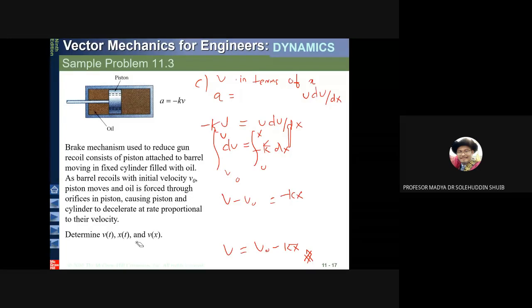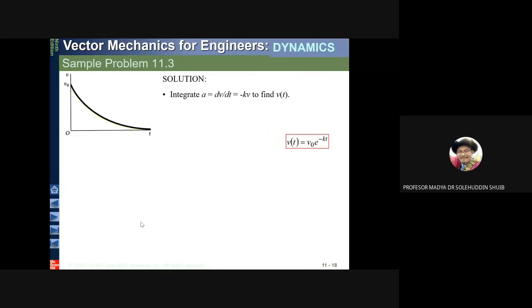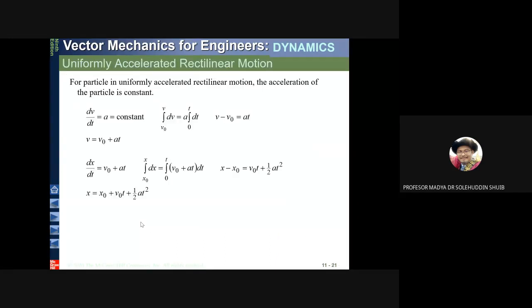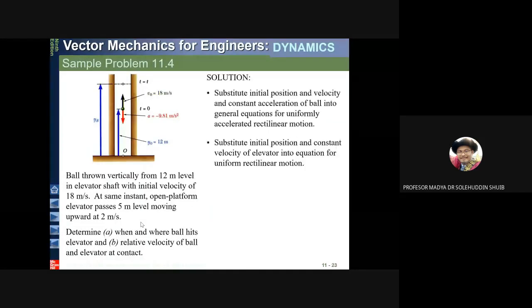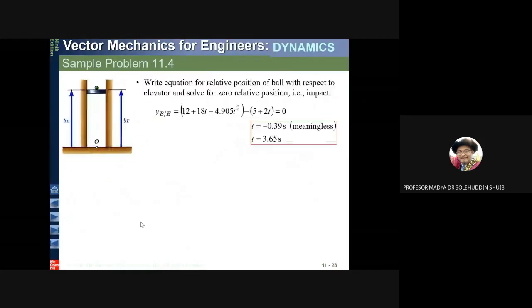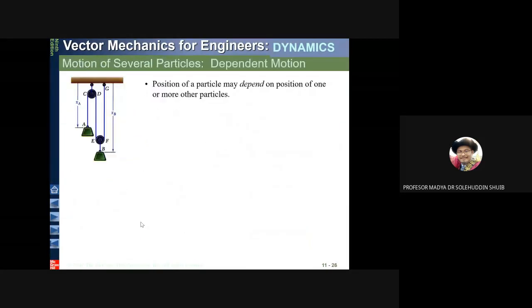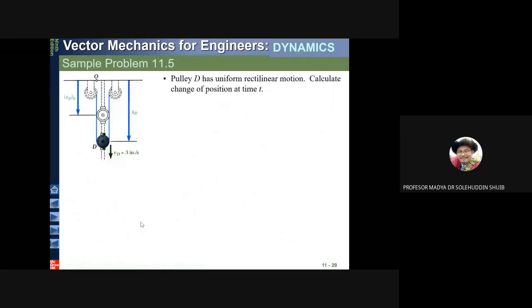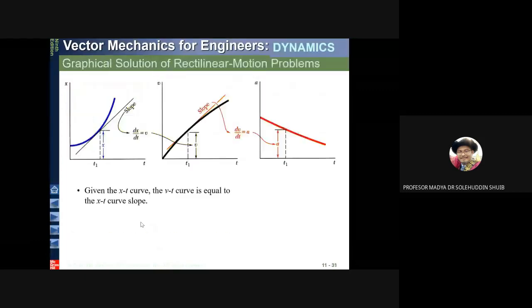Now we move to another example from your textbook.